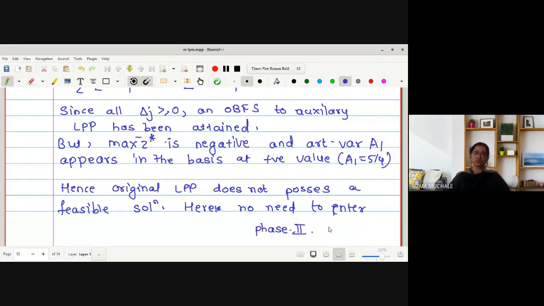But I suggest you use the big M method, because in the two-phase method one or two tables get added and it may create confusion also. Therefore, I suggest using the big M method if such a problem occurs.